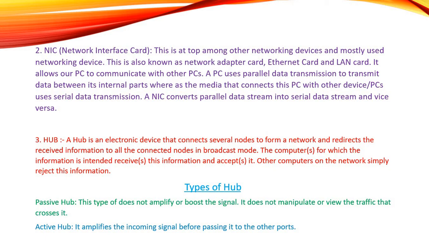The passive hub does not amplify or boost the signal, meaning it does not manipulate or view the traffic that crosses it. The active hub amplifies the incoming signal before passing it to other ports.